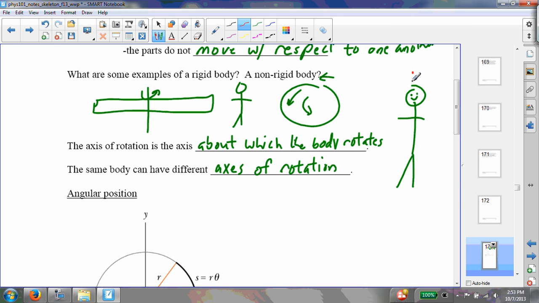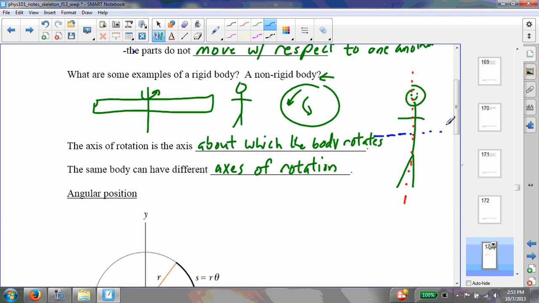I can rotate about an axis that goes straight down through the middle of me, and that's a fairly easy thing to do. Or I can move about an axis going through my belly button, and that's a lot more difficult to do. So you can have many different axes of rotation, and we'll see that especially in the next chapter, chapter 8, how that affects your motion quite a bit, actually.